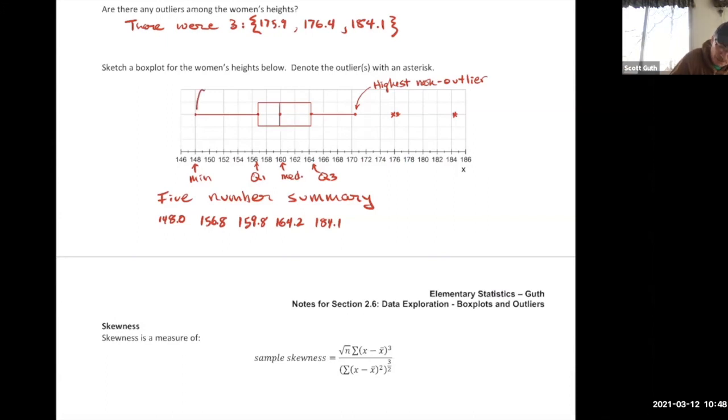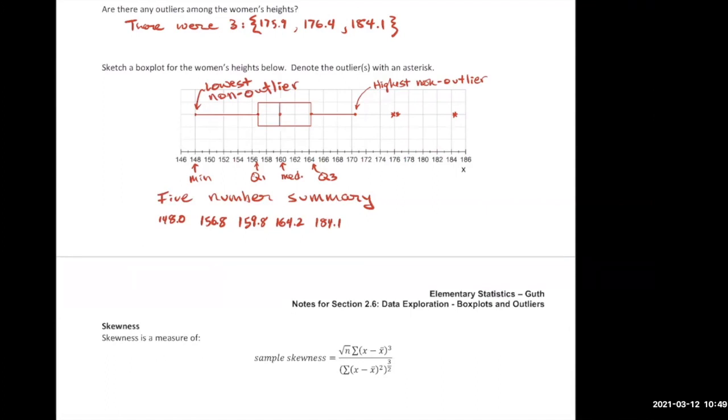This value, the min, because there are no outliers on that side, is the lowest non-outlier. Now you don't label it. I'm labeling it for you so you understand. The graph tends just to be the box, the 2 whiskers, and then some asterisks. Any questions?